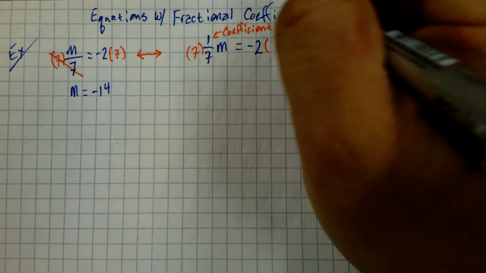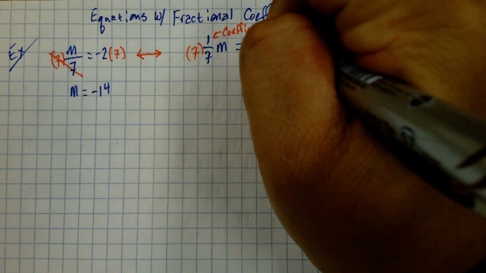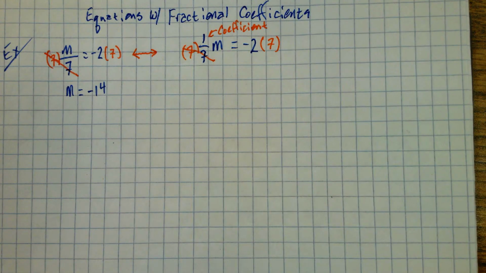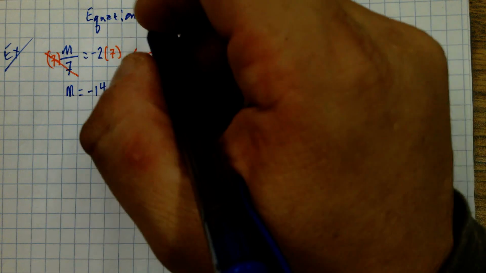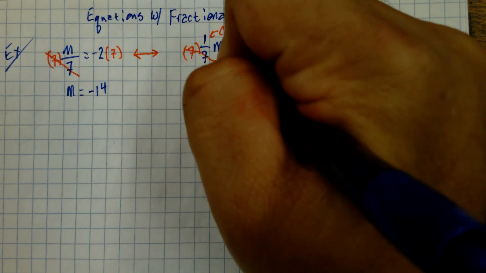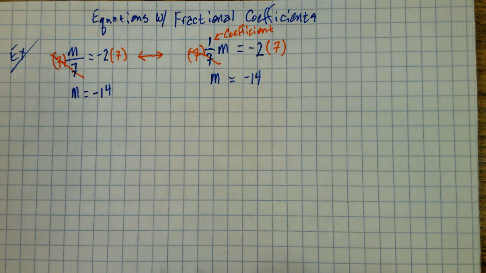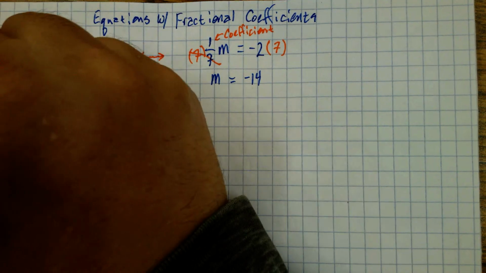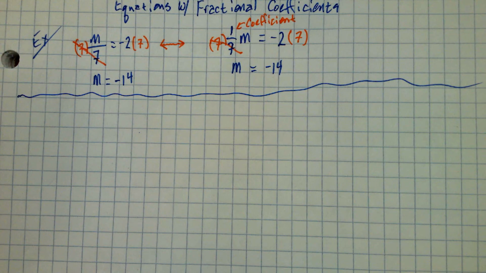Multiply by 7, the denominator. I'm going to cancel that 7 there, right? And I have 1m. But if I simplify 1m, it's really just m. Okay? So knowing that, let's get into some actual fractional coefficient equations.